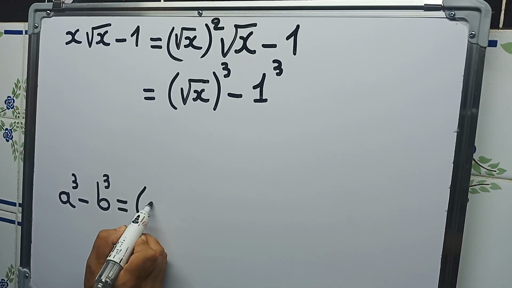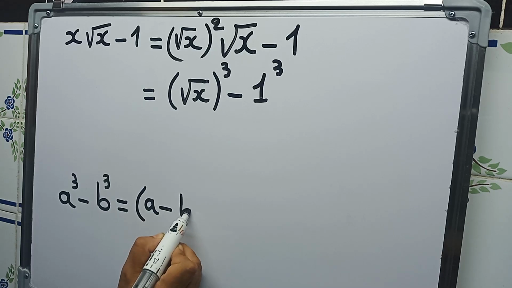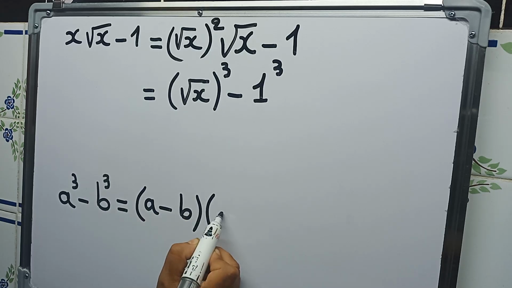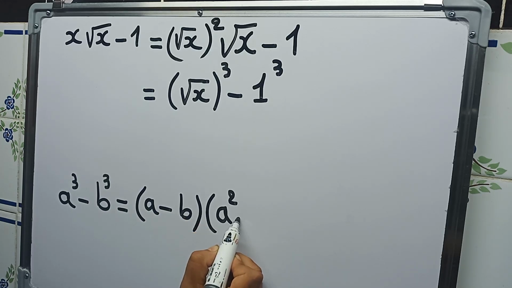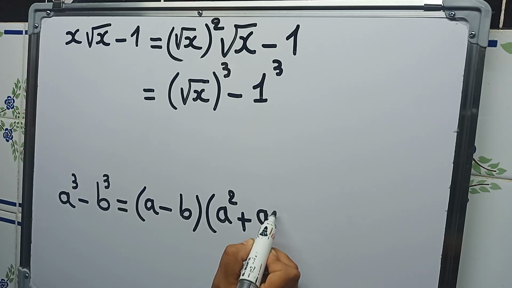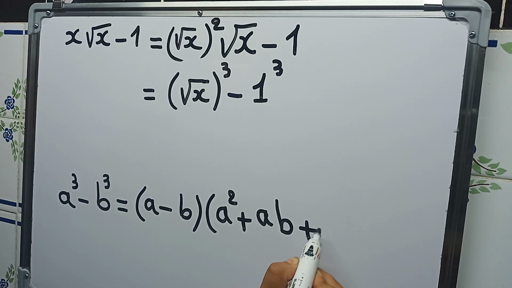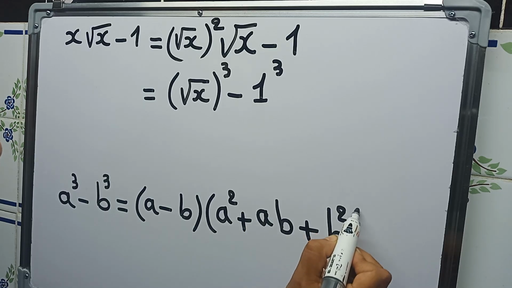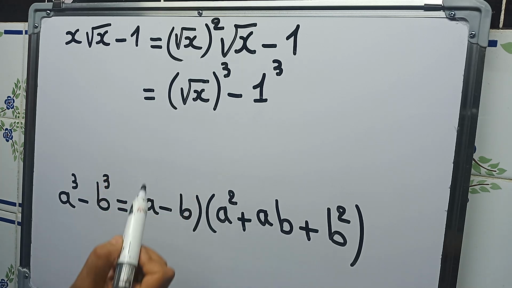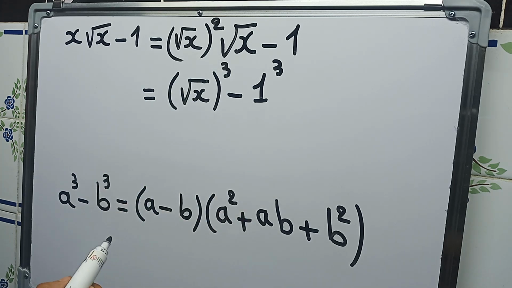this is very important in algebra, a minus b times a squared plus ab, of course, plus b squared. So we'll use it here with a equals square root of x and b equals 1.